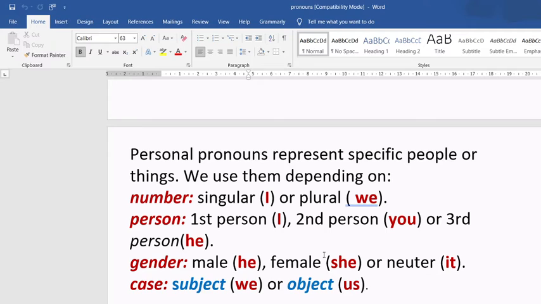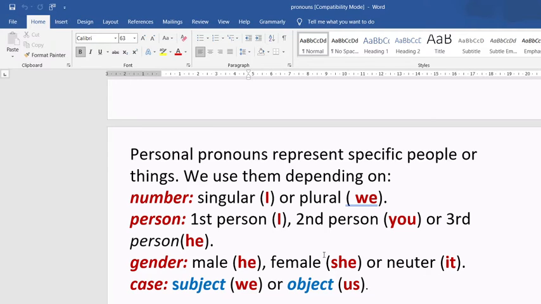And gender also, he denotes male and she denotes a female. So these two things are actually denoting the genders of the noun, whether they are masculine, feminine, neuter, or common. It is used to denote those things the gender of which cannot be determined.